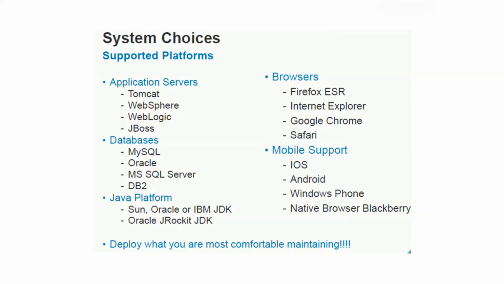The platform it works on is the Oracle or IBM JDK, and the Oracle JRockit JDK. Coming to the browsers it supports: Firefox ESR, Internet Explorer, Google Chrome, and Safari. It also supports mobile platforms like iOS, Android, Windows Phone, native browser, BlackBerry, etc.